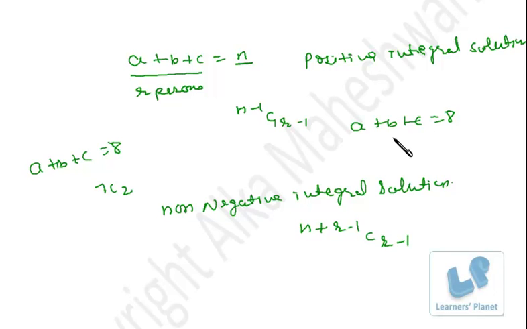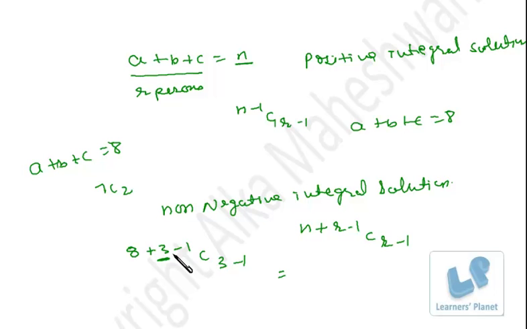So just put the values of n and r in this equation and get the answer. What will that answer be? It's 8 plus 3 minus 1 C 3 minus 1, right? This 3 is because from each of them we are taking 1. So finally we are collecting 3 more, and that 3 more is added to the right hand side. So 8 plus 3 minus 1 C 3 minus 1, straightforward, you can use this formula, right?